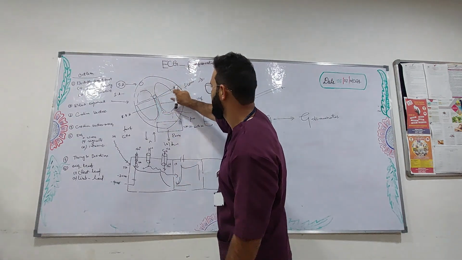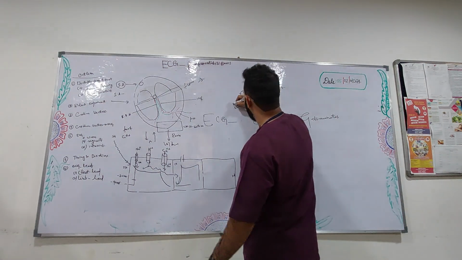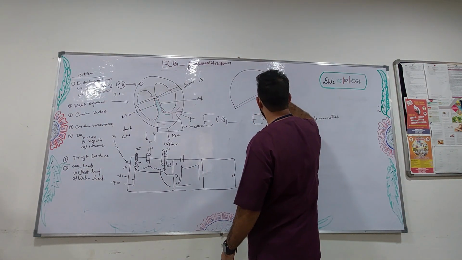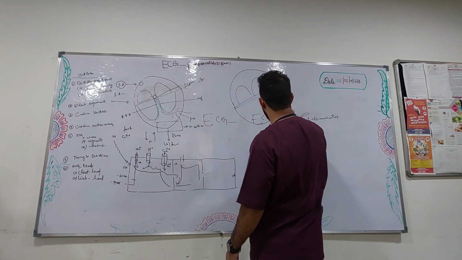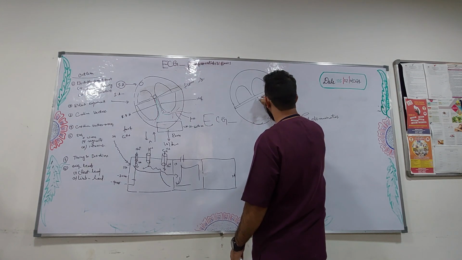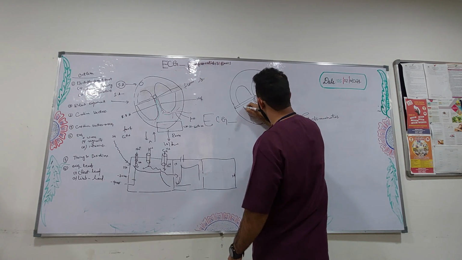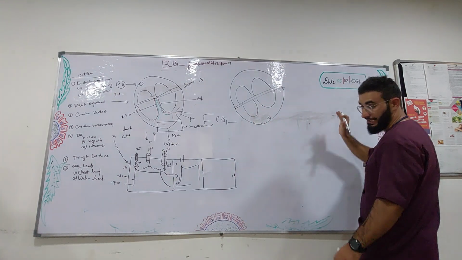So this is the fibrous annulus, it acts as an insulator. So this is our heart. I will tell you the rules.